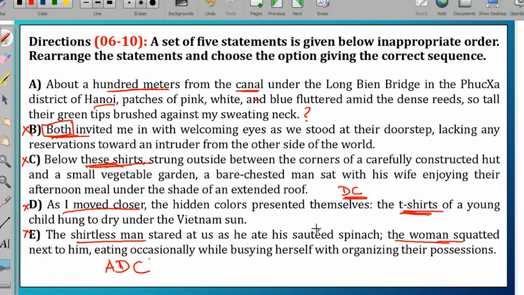E और B का pair बन गया, क्योंकि पहले shirtless man और woman को introduce किया है and then उनको replace किया है with the word both. तो आपका हो गया ADCEB. So this will be your correct sequence. ADCEB.